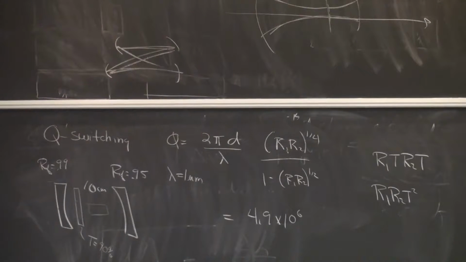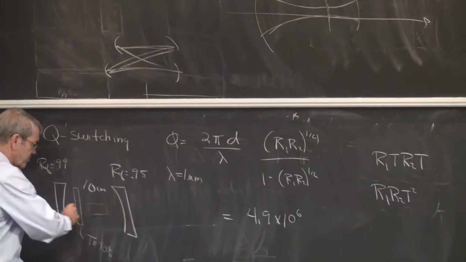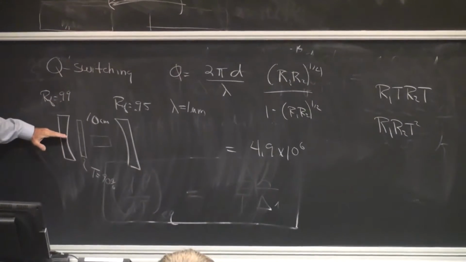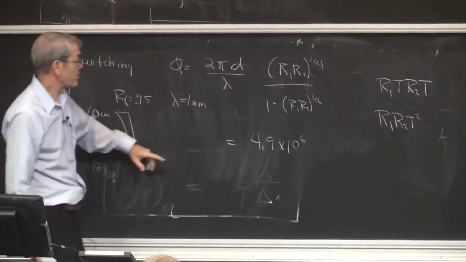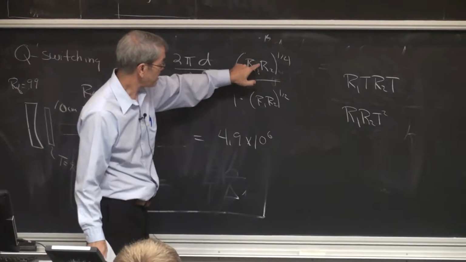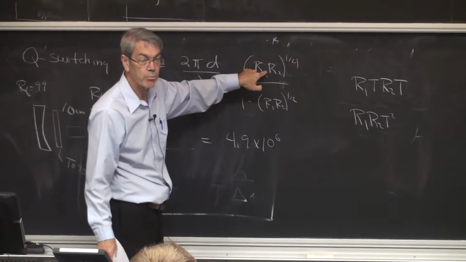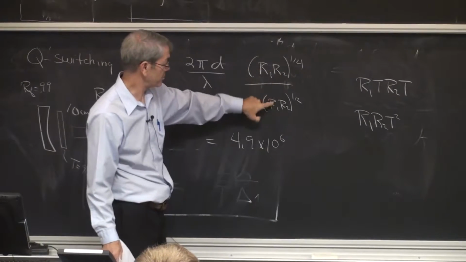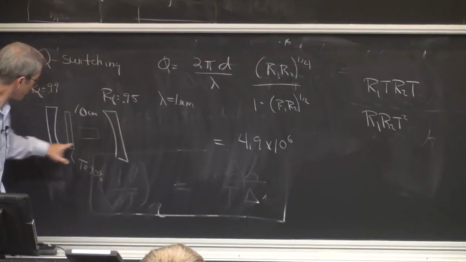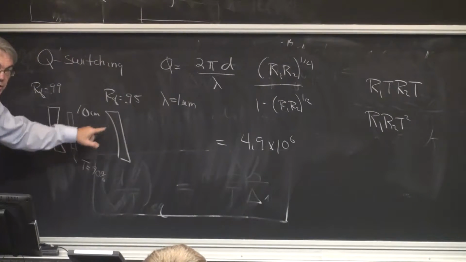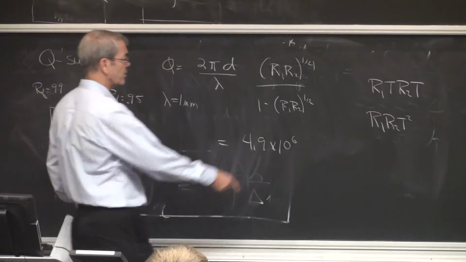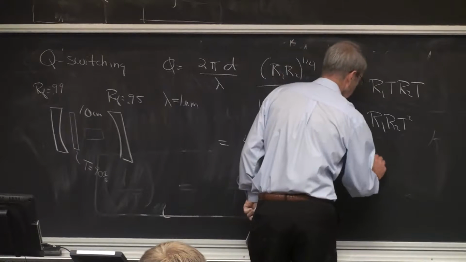In this case, though, it's not a mirror, it's a transmission. So my Q now is going to be affected because I'm going to retain less of the energy. That's where the T squared kicks in. So I put in 0.9 squared in both of those and then recomputed my Q. By adding a loss in the cavity, I'm just retaining less energy per pass. So for the second case, I got a Q of about 1 million.